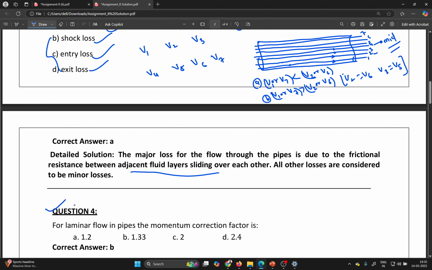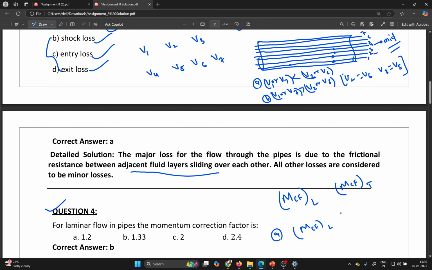Question number 4, for laminar flow in pipe the momentum correction factor is... Let me write the momentum correction factor in case of laminar and the momentum correction factor in case of turbulent. Which one will be correct?